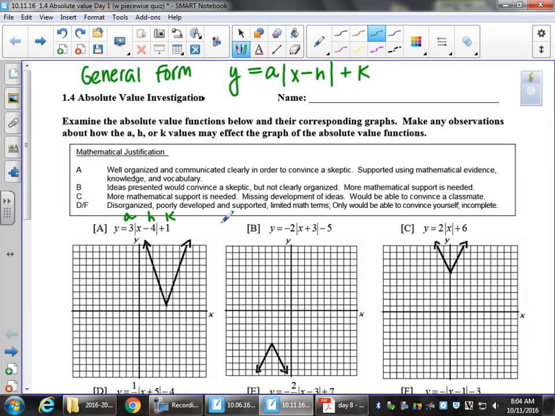The connection between what you just listed and the graph. So right now they have a really good conclusion about A. If you heard what they were saying. Did you hear what they were saying?